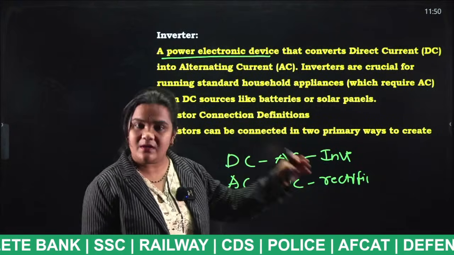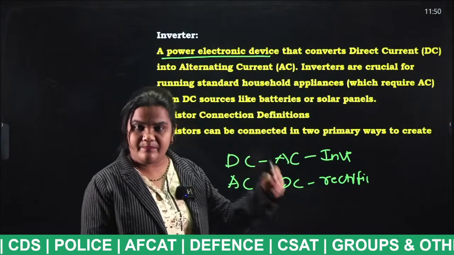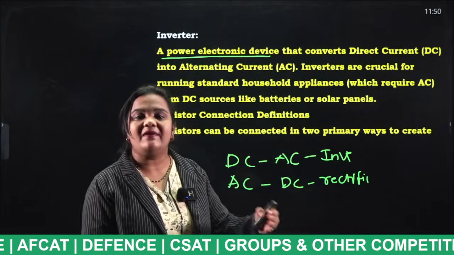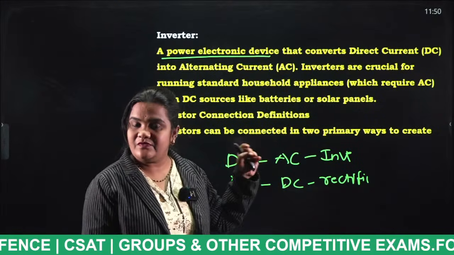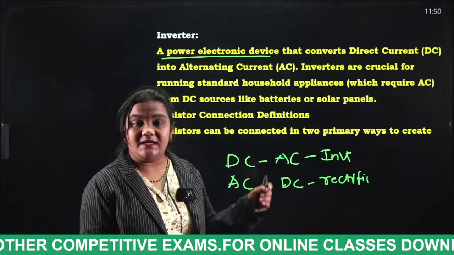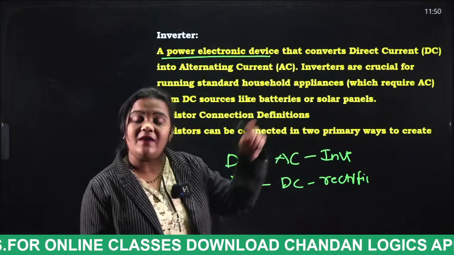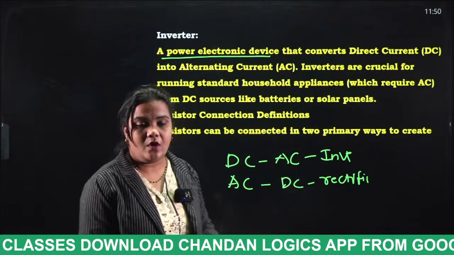Mostly in all our homes we know what an inverter is. When the power is off, we directly switch on the inverter. What is happening there? The direct current stored in the battery is converted into alternating current.